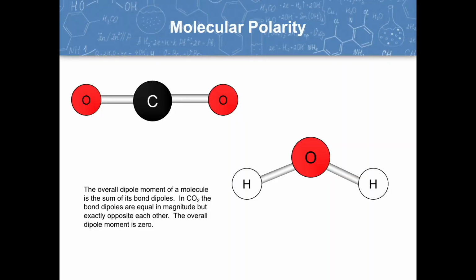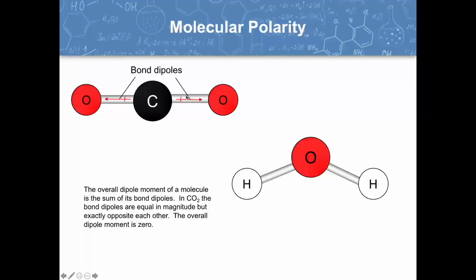Why? In this example, the electronegativity difference between carbon with an EN value of 2.5 and oxygen with an EN value of 3.5 makes the carbon and oxygen bond polar, with the electron density being pulled towards oxygen. However, carbon dioxide is linear, so the bonds point 180 degrees from each other.